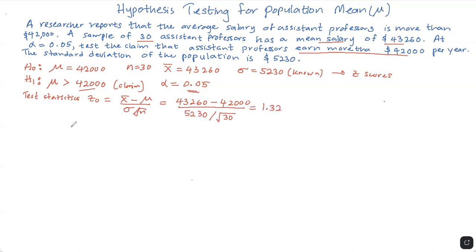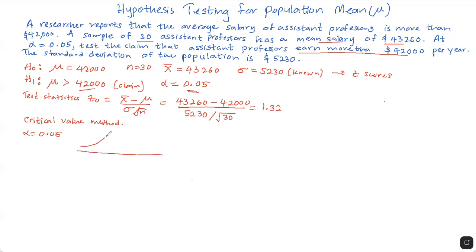So now, as you know, there are two methods to make a decision. One method is the critical value method, which is the traditional method, and the other method is the p-value method. So I'm going to do both methods. So let's look at the critical value method. You need to find the critical value in this case. Alpha is 0.05.